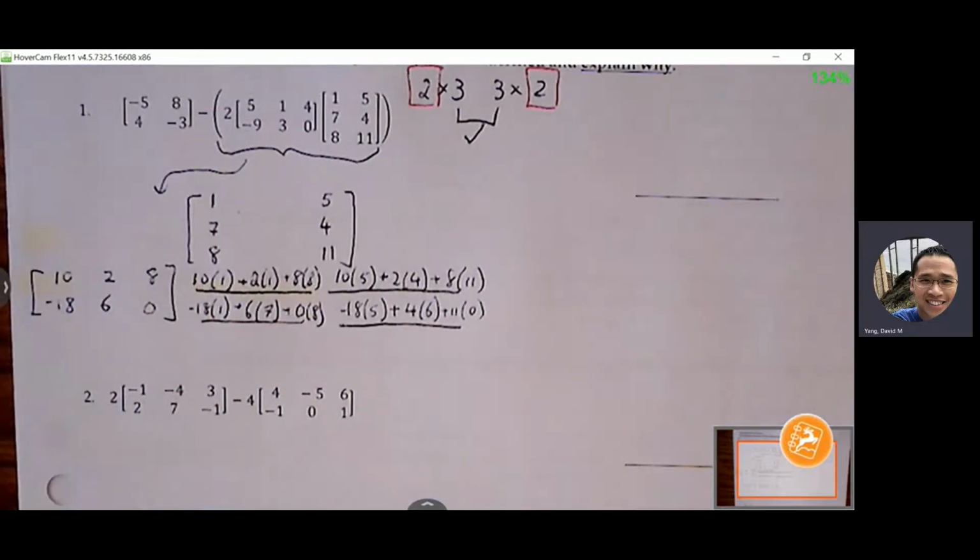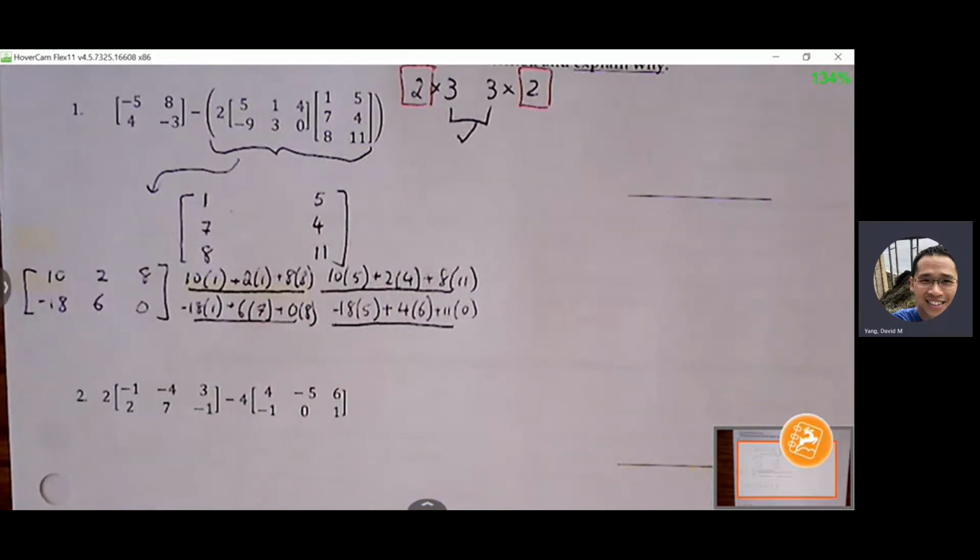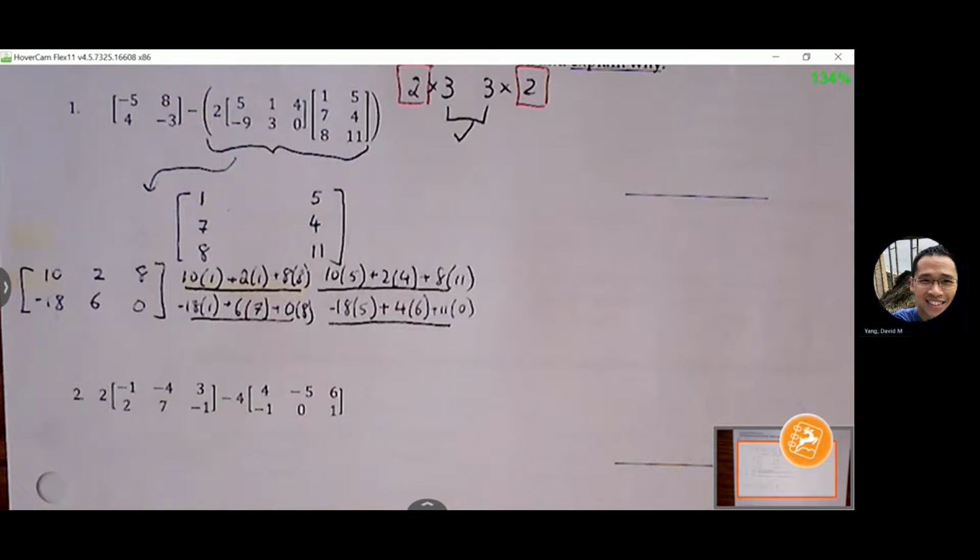For now, if you want to use the calculator, you can. Tomorrow, the numbers will be easier. There are no calculators tomorrow on the quiz, because the numbers will be easier. But I know right now, the numbers that I chose for this worksheet are a little bit large.